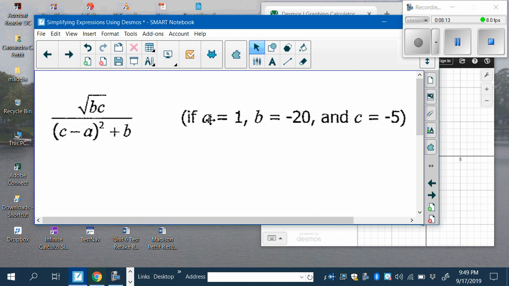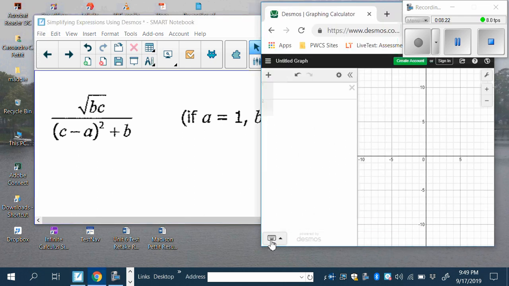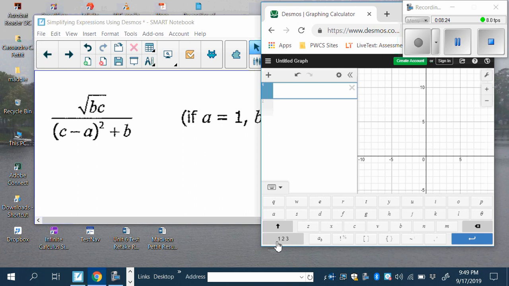Okay, so what's nice about this is that we have A, B, and C here. So A is 1, B is -20, and C is equal to -5. So I go to my keyboard and I say A has to equal 1.